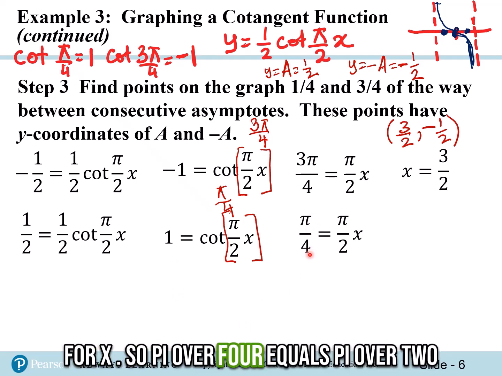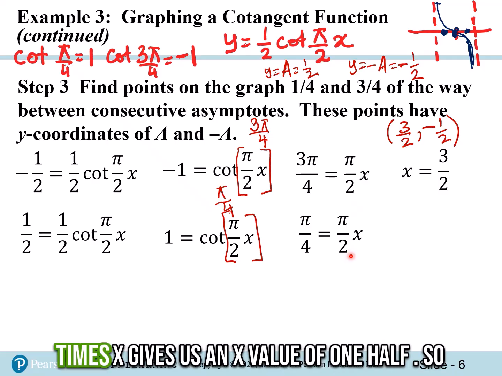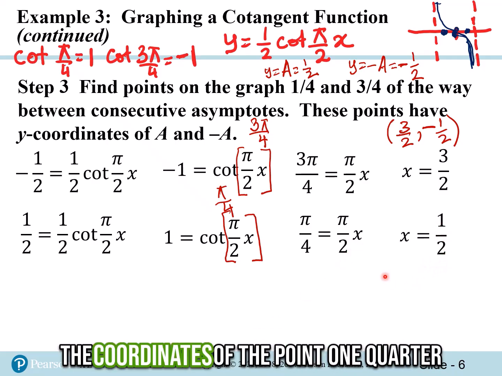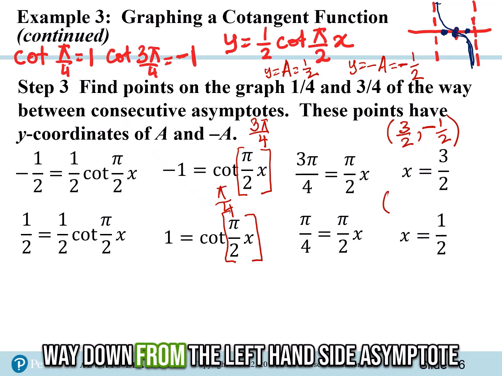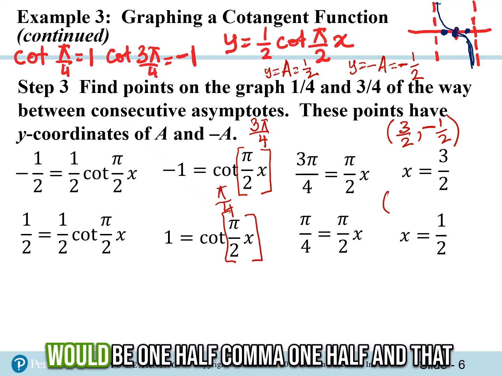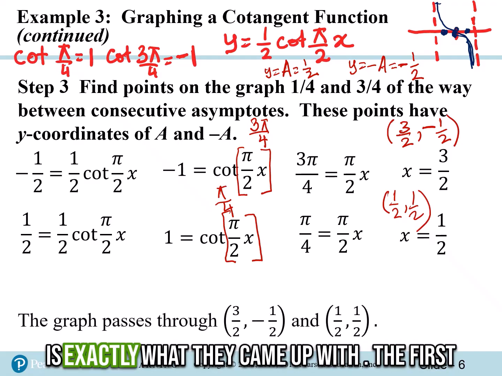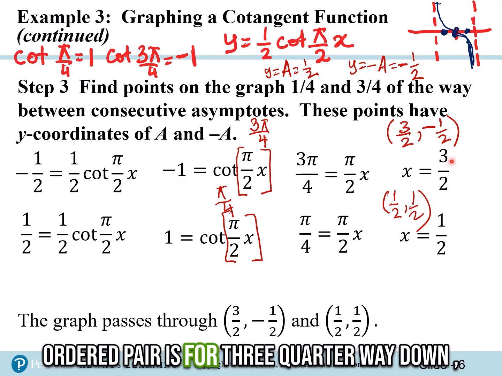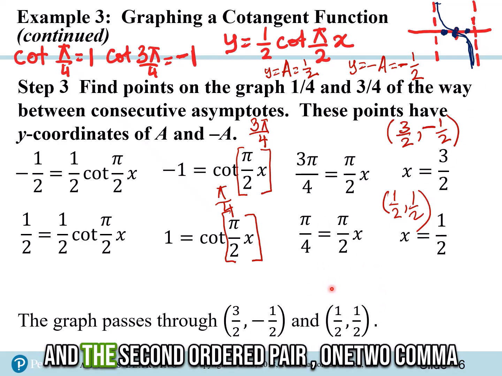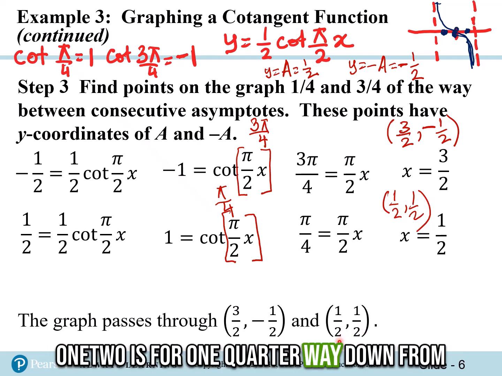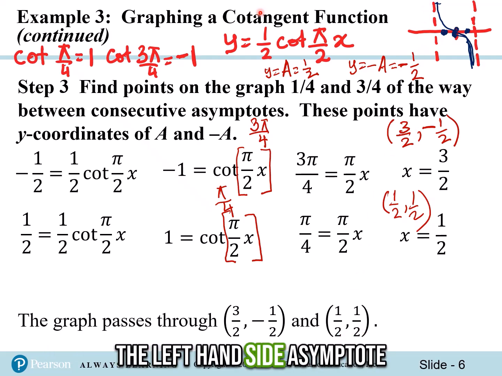So pi over 4 equals pi over 2 times x gives us an x value of 1/2. So the coordinates of the point 1/4 way down from the left-hand side asymptote would be 1/2, 1/2. And that is exactly what they came up with. The first ordered pair is for 3/4 way down, and the second ordered pair, 1/2, 1/2, is for 1/4 way down from the left-hand side asymptote.